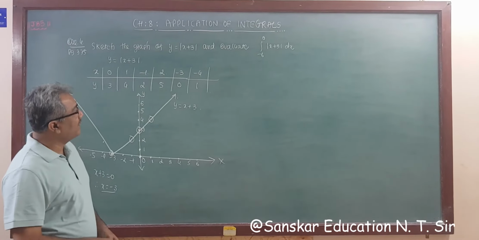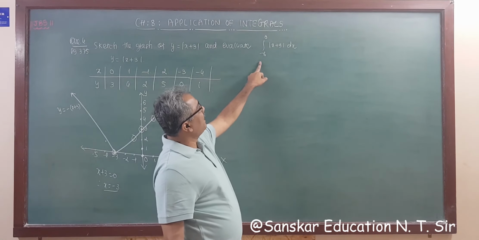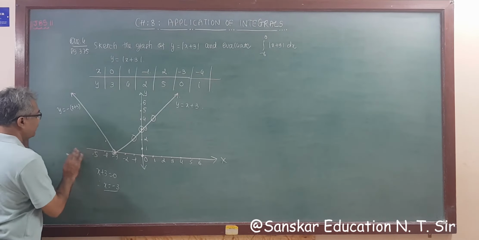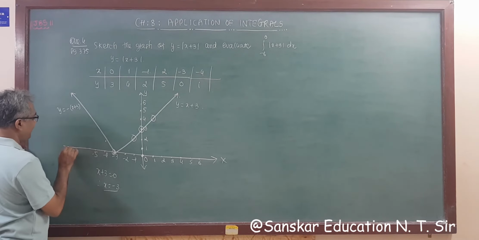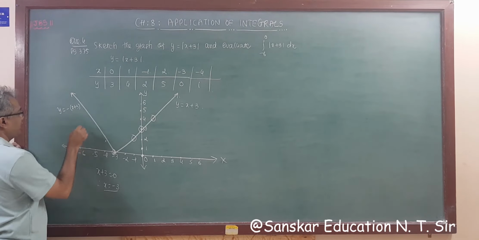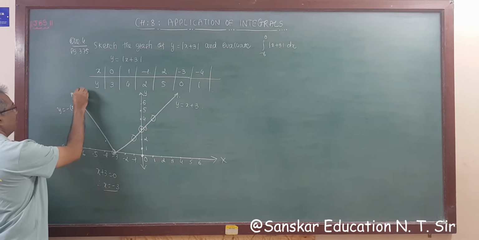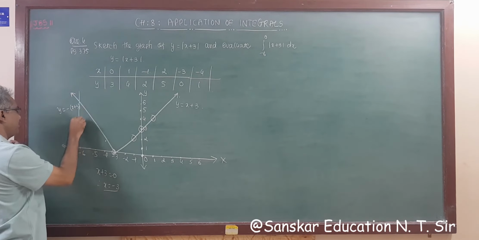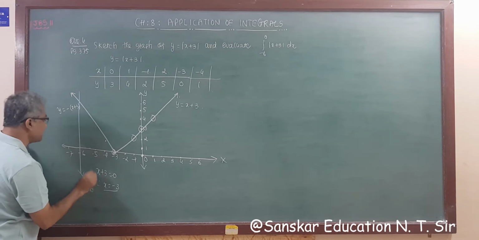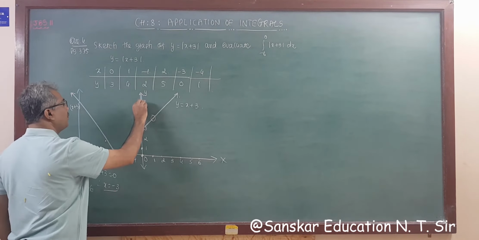Now we have to find the value of the integral from minus 6 to 0, right? And we have to go up to minus 6 here, so we have to extend the graph. This is minus 6 and minus 7. So this is the line x is equal to minus 6, and this is the line x is equal to 0.